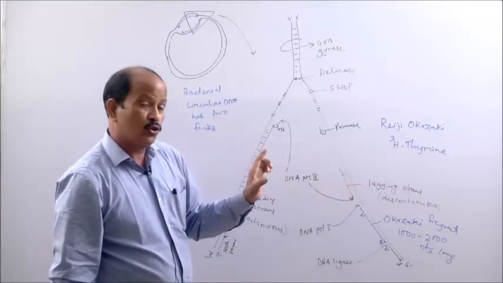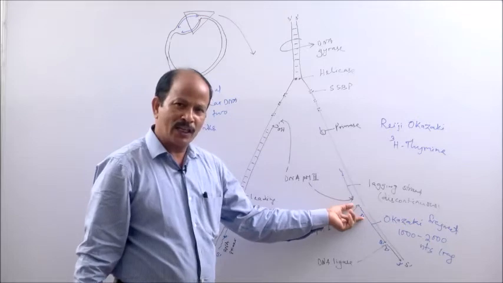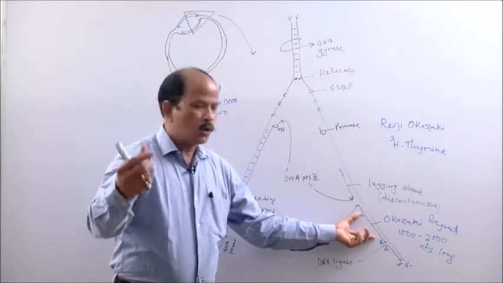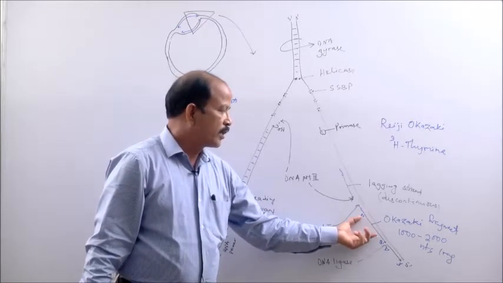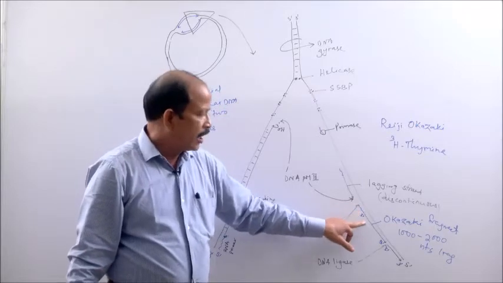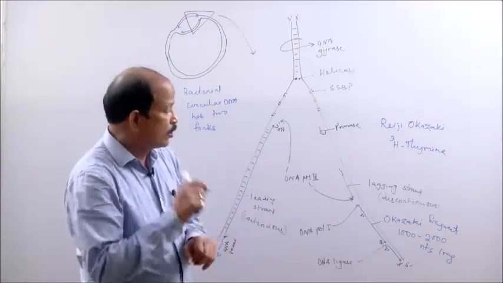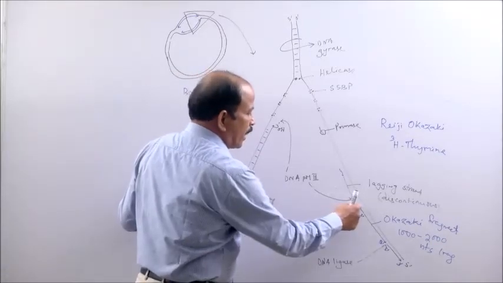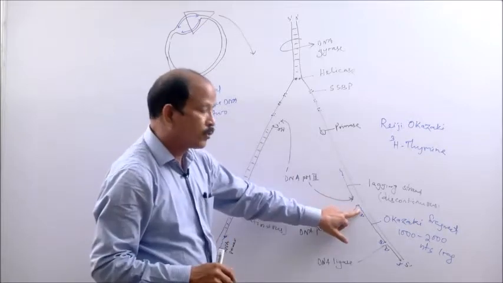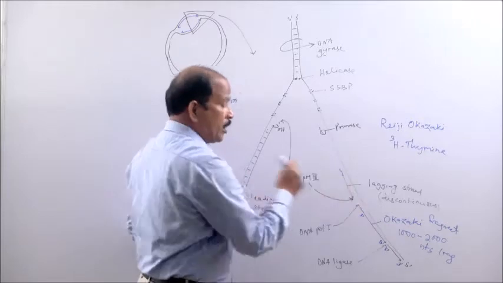Now each Okazaki fragment consists of a short primer, which is an RNA, followed by a segment of almost 2000 nucleotides of DNA. To make it continuous, the RNA must be removed and the gap must be filled up.